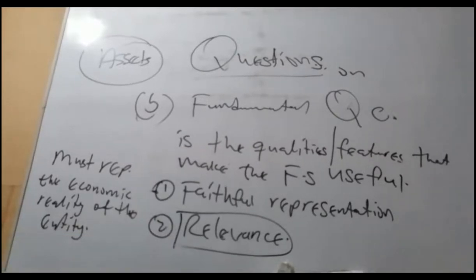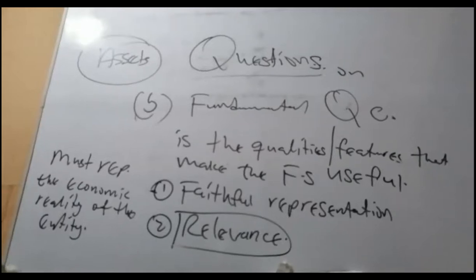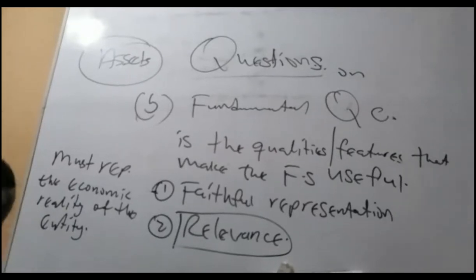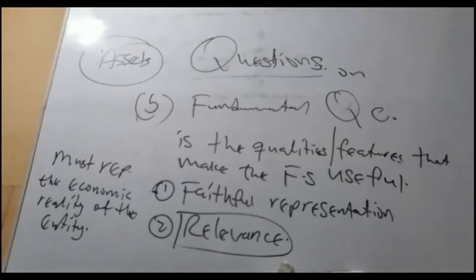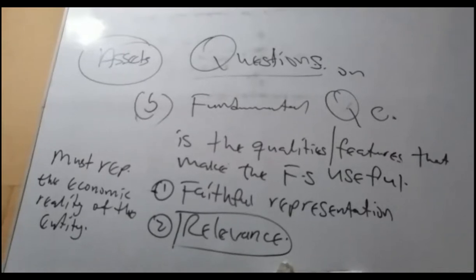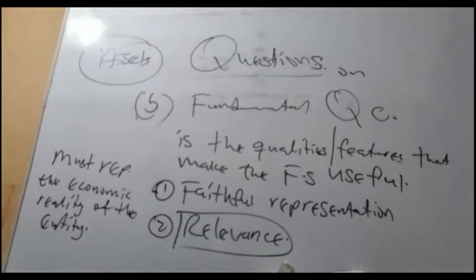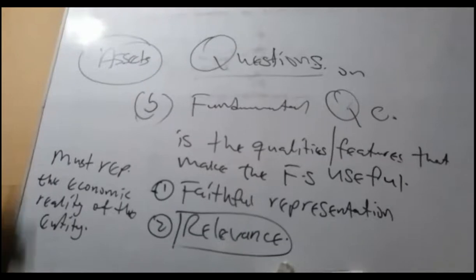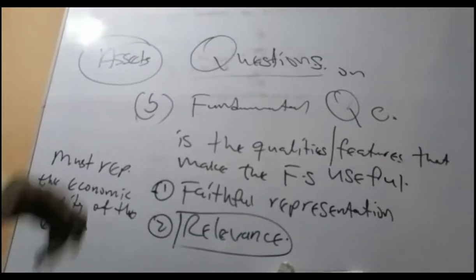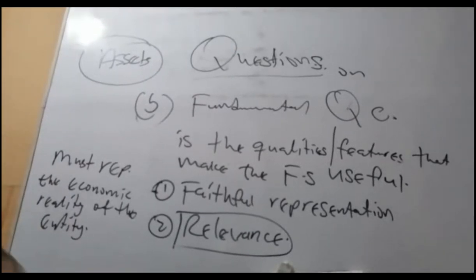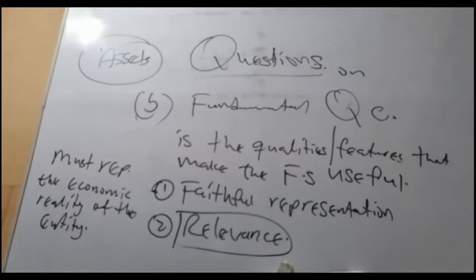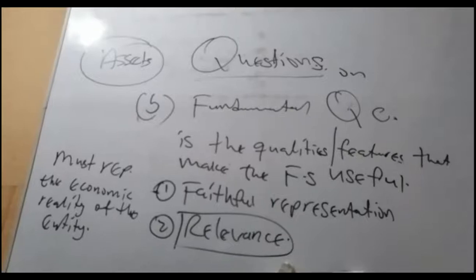Relevance simply means the financial information that we are presenting should be able to influence the decisions of the users. It should provide all the decision needs. So relevant information should help the user, one, to predict the future, two, to confirm the past.